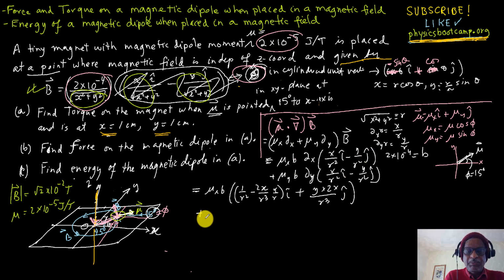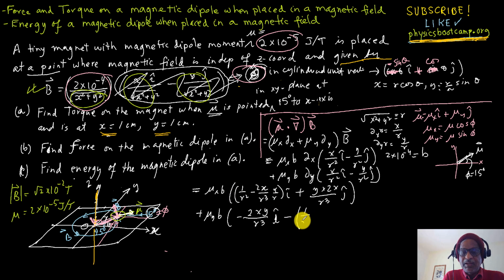And from the second one, I'm going to get a mu y b, and this is going to be almost like that, minus 2xy over r cube i hat, minus, it's going to be almost like that.